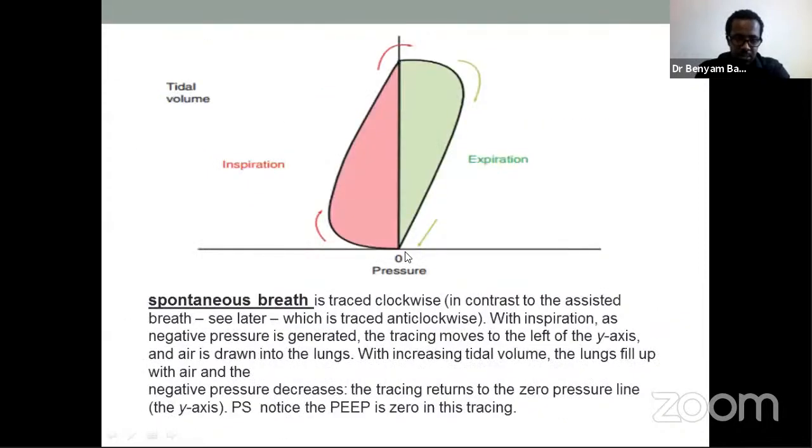Usually the pressure is 0 because we have not set a PEEP in this graph, but if we had set the PEEP, the pressure will be around the set PEEP. So it will not be reaching 0 or the baseline.